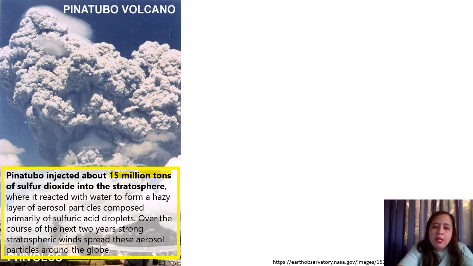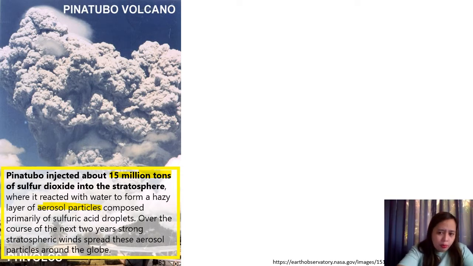Now, this 15 million tons of sulfur dioxide was injected into our stratosphere, where it reacted with water to form a hazy layer of aerosol particles. Ayan na naman siya, balikan natin yung kanina: eruption, aerosol formation causes increased albedo. Albedo, this is the measurement ng pag-reflect back ng mga photons or UV outside the atmosphere, and that will cause a decrease in temperature.